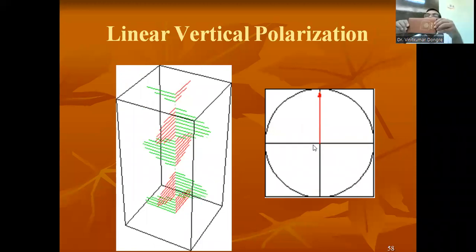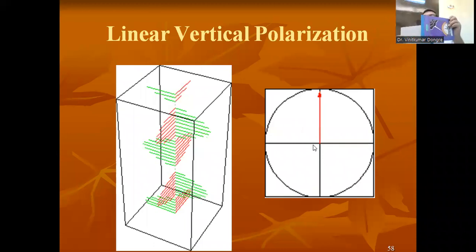Now suppose this is an antenna. It has a horizontal polarization, meaning this way it is rotating. If you transmit this way, you need a horizontally polarized antenna, and the receiving antenna should also be this way only. Suppose one antenna is horizontally polarized and transmits horizontally.